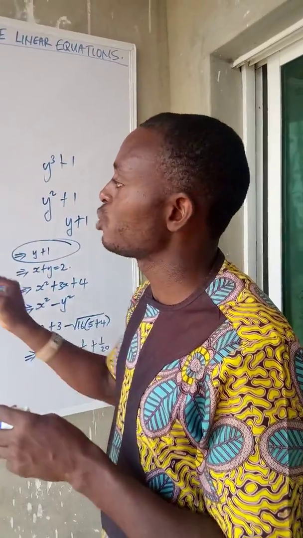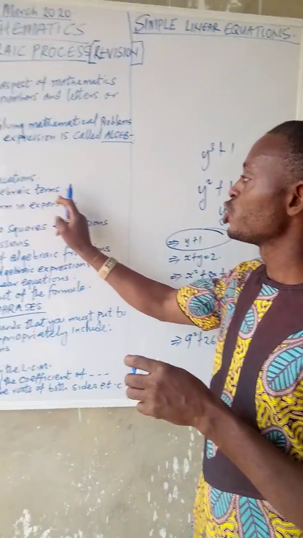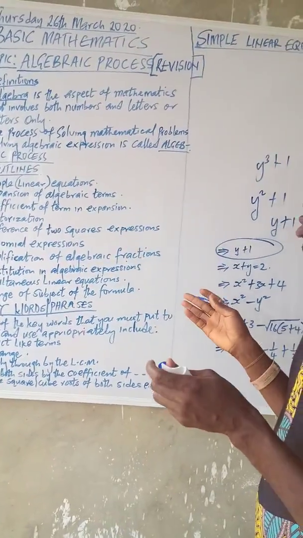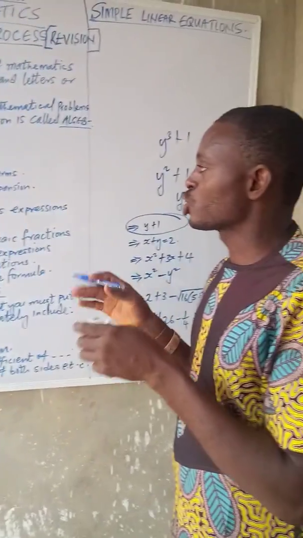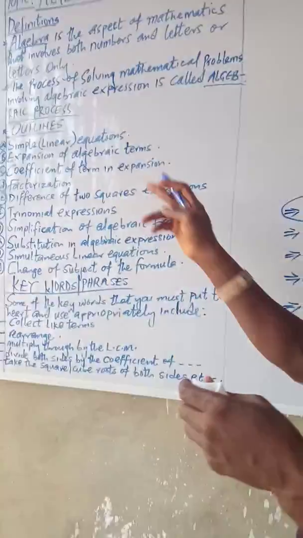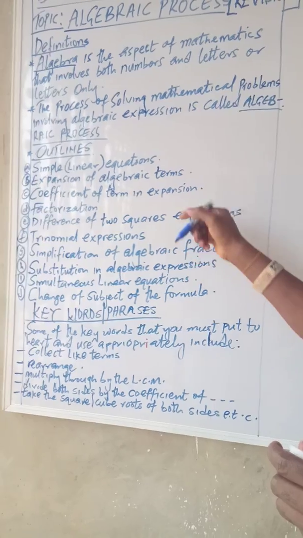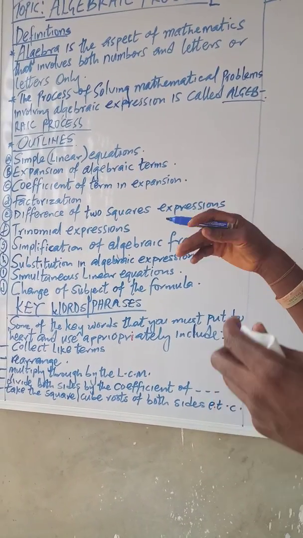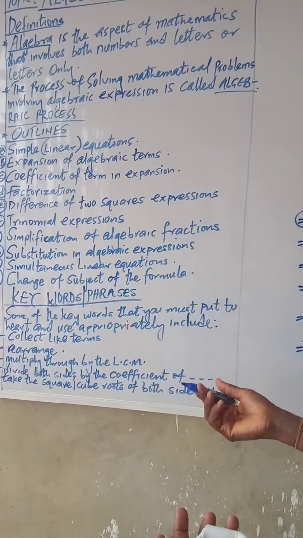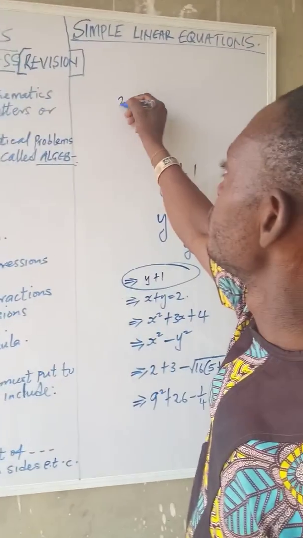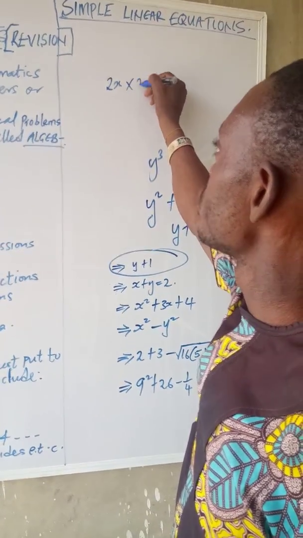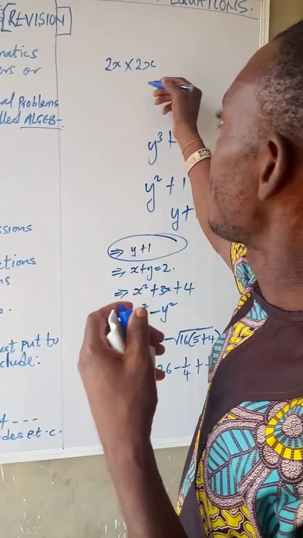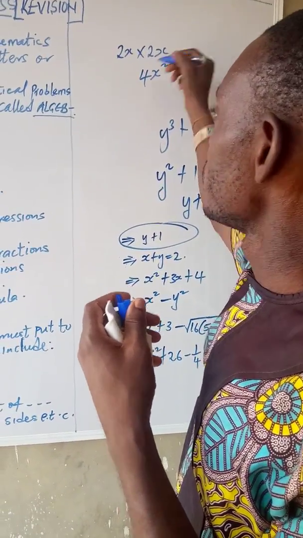That's what makes it simple. Simple linear equation. Then we have expansion of algebraic terms. By expansion, what should come to your mind is multiplication will be involved there. Coefficient of terms in expansion follows after this. Like you have 2x multiplied by 2x, you're going to have 4x squared.